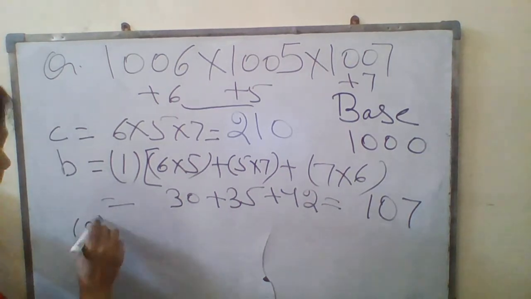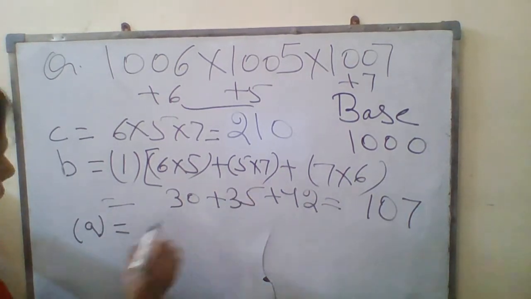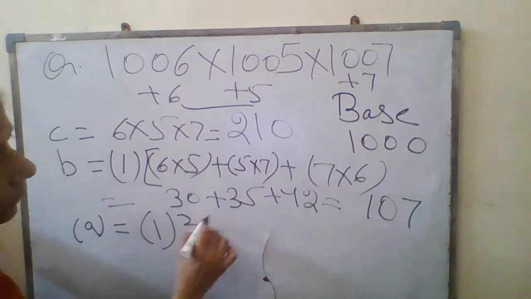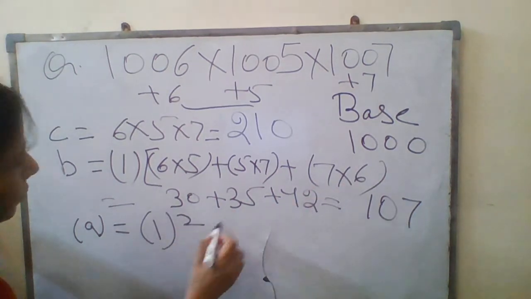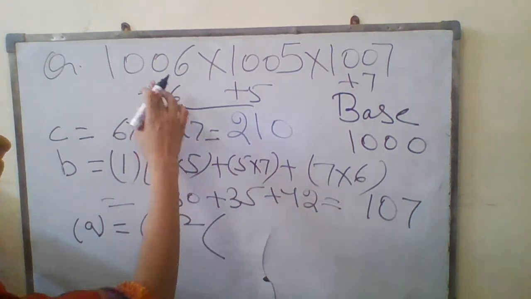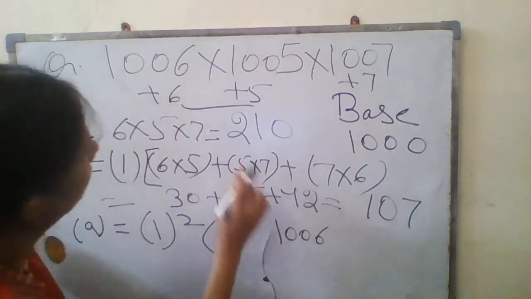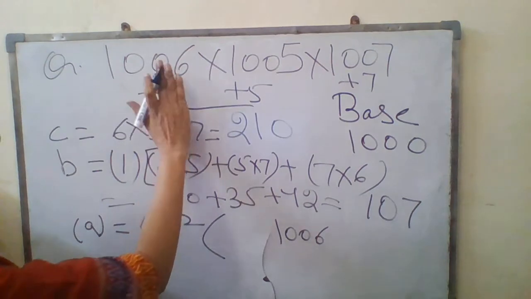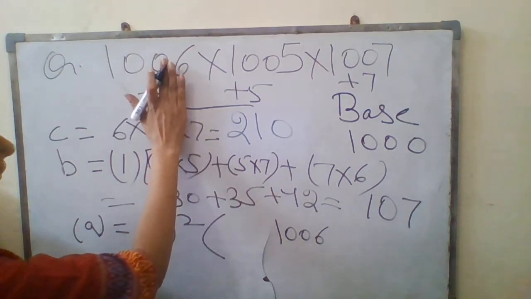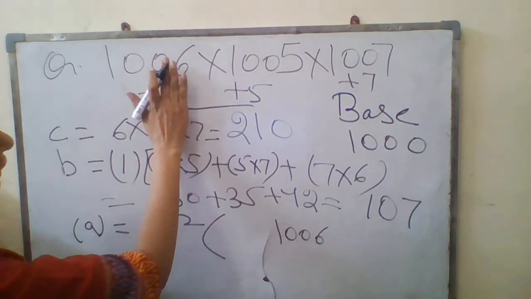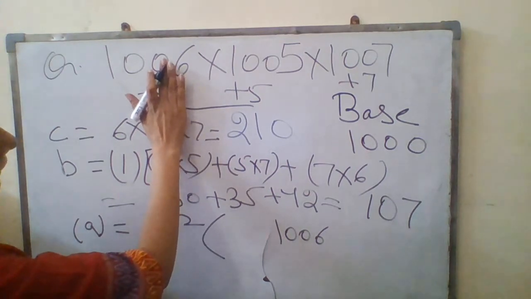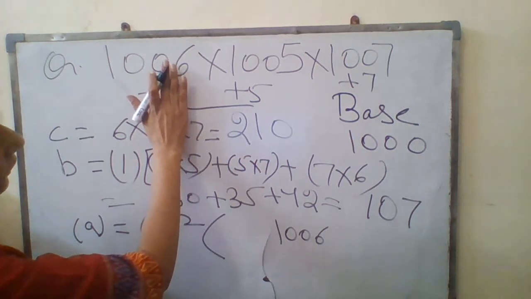Now you have to find out the value of A. Now the square of the multiplier. 1 is the multiplier, so 1. Now see, here I am going to write down 1006. Then I have taken this, so I will not take the excess of 1006. Now what are the remaining two excess? 5 and 7 are the remaining two excess.